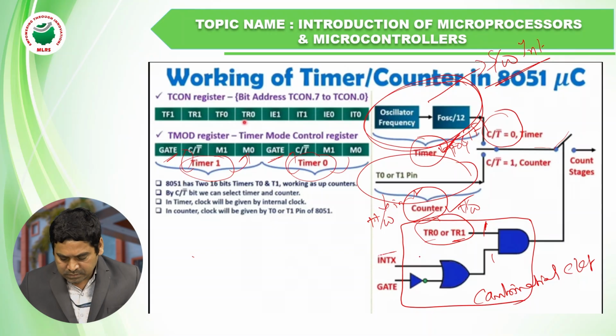So in one possible case this input is 1, and in another case it is 0 and the other input is 1. In these cases you get the output equal to 1, then the switch is closed and counting will start. This is the main working of timer and counter in the 8051 microcontroller with C/T bar 0 or 1.